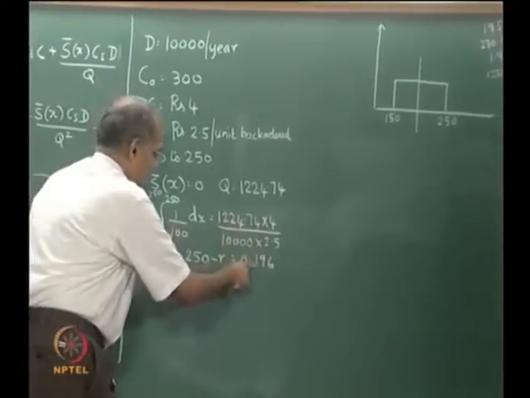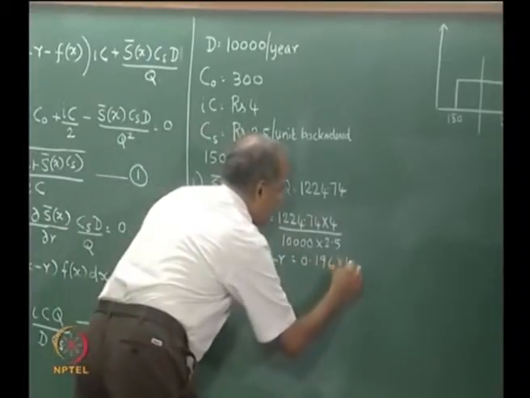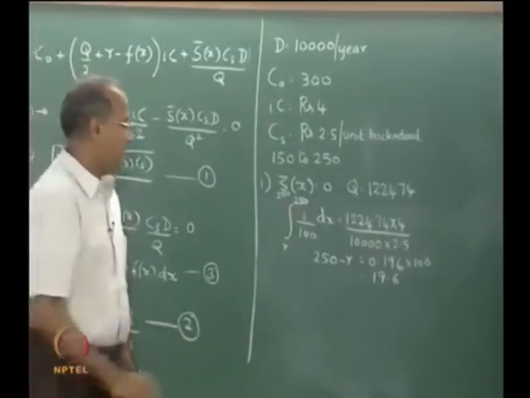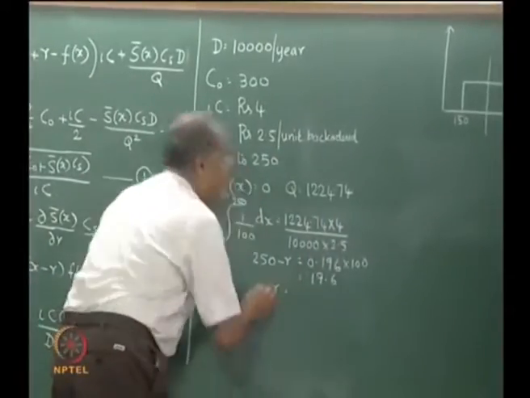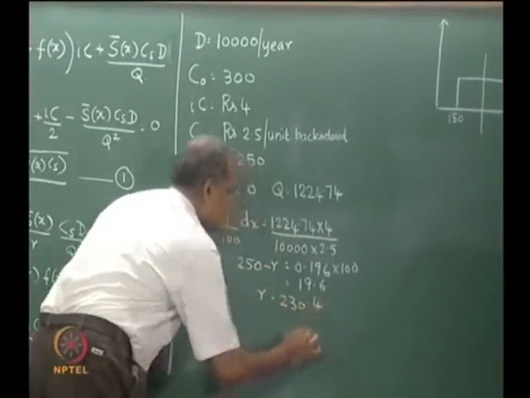Now, this is 0.196. So, 250 minus R will be 0.196 into 100, which would give us 19.6, from which R is equal to 250 minus 19.6, which would give us 230.4.